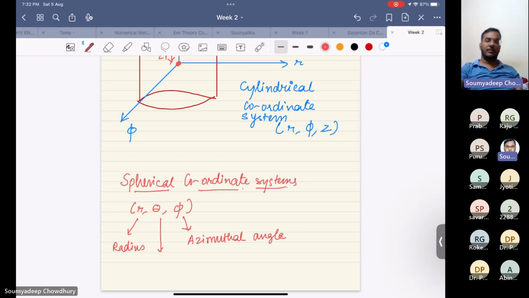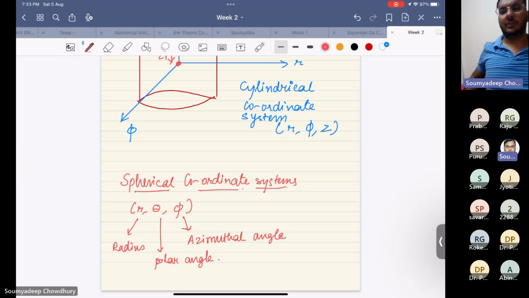And this one has a name, I forgot the name for this. Okay, so this is known as the polar angle.